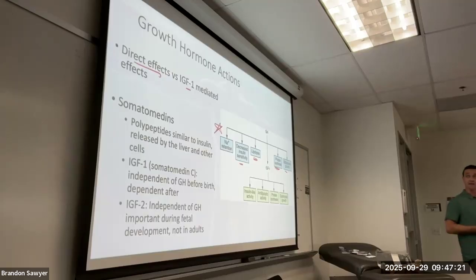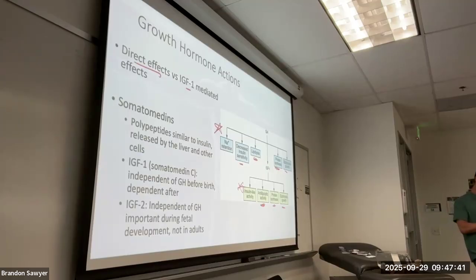But the ones related to IGF-1 are anti-lipolytic activity, so stopping the breakdown of fat, causing direct protein synthesis, epiphyseal growth, and then insulin-like activity as well. That's why it's called insulin-like growth factor.